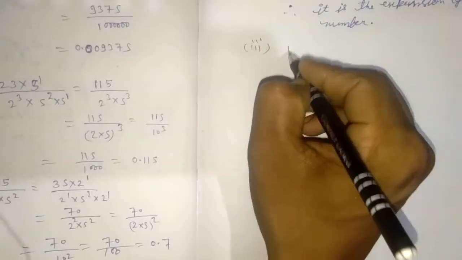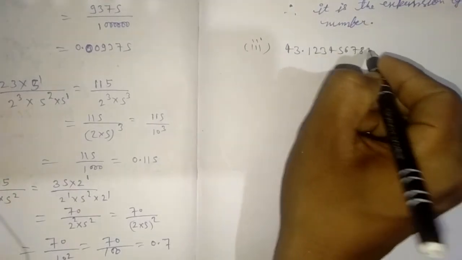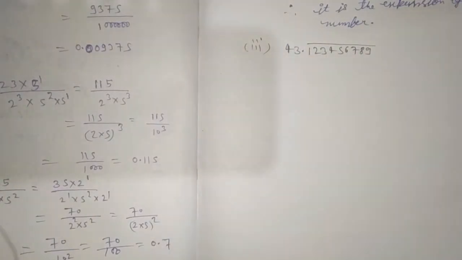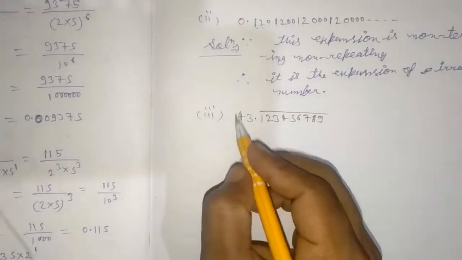43.123456789 with a bar. We can observe that the bar is attached to the 9 decimal places.